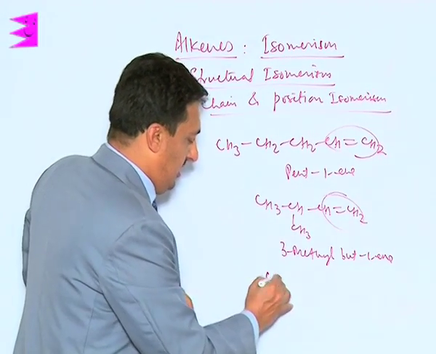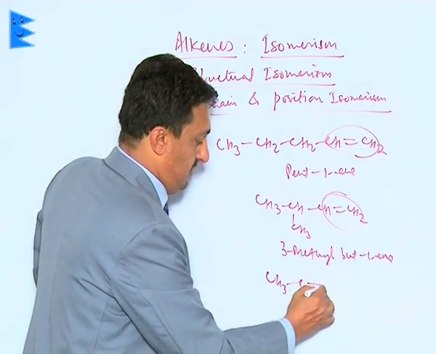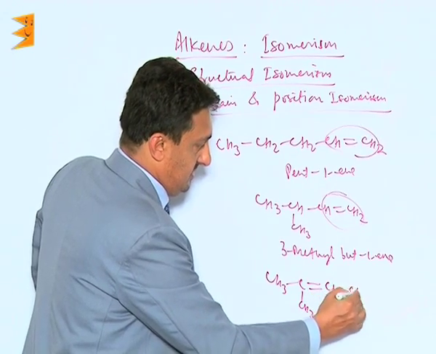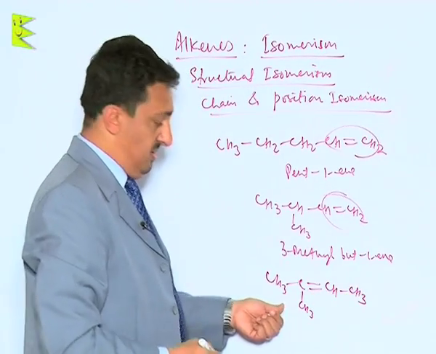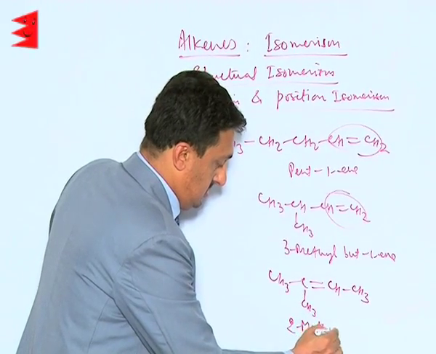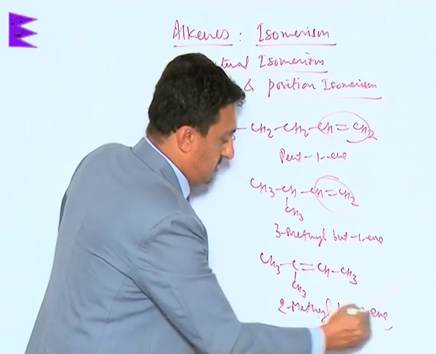Whereas if we draw a compound with the same molecular formula like this, in this way, this is now 2-methylbut-2-ene.